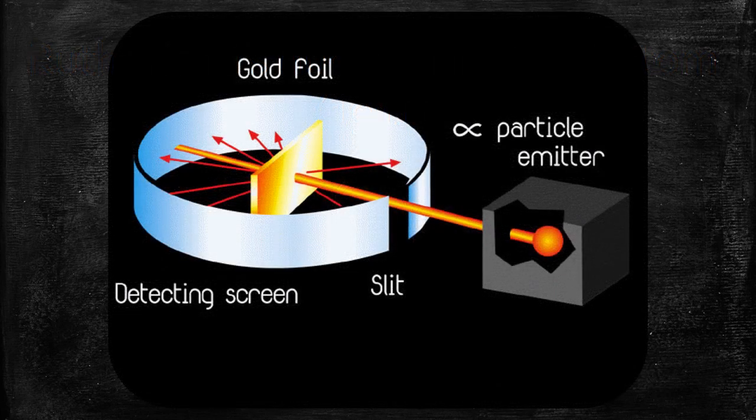Rutherford took a very thin gold foil of thickness 10 raised to the power minus 4 millimeter and bombarded it with positively charged alpha particles emitted by a radioactive element. He observed the path of alpha particles by means of a fluorescent screen around the gold foil. You can all see I've put the picture of it. The detecting screen, where it is written, is a fluorescent screen.